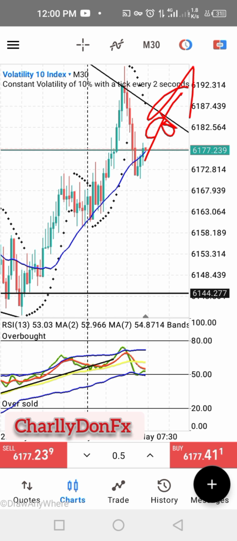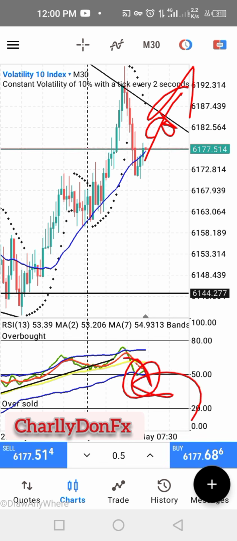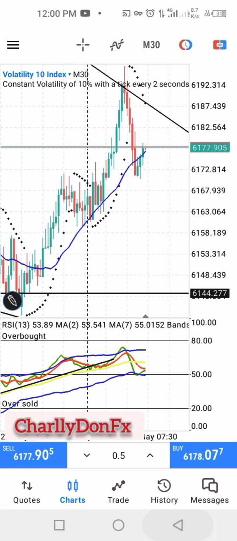So whenever the price come to a particular trend line, there must be a reaction. Then with your indicator window, your indicator window will tell you the direction of the trend. That's just it. And also you exercise patience.